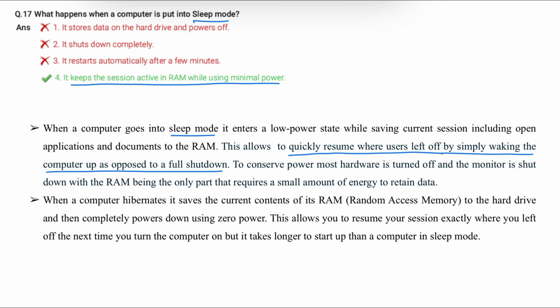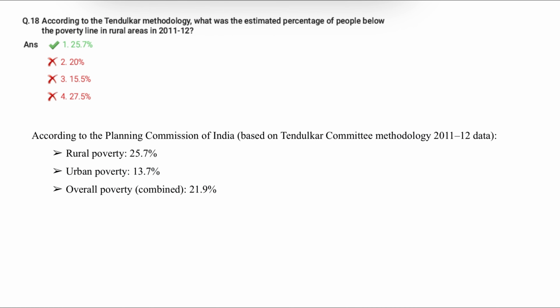Similarly, when a computer hibernates, it saves the current contents of its RAM to the hard drive and then completely powers down using zero power. That is for hibernation. Correct answer is option 4.